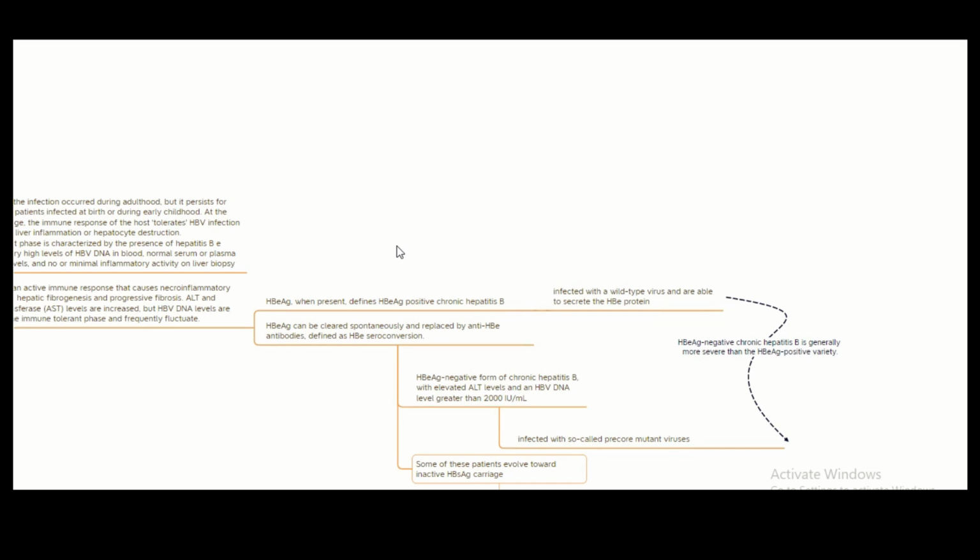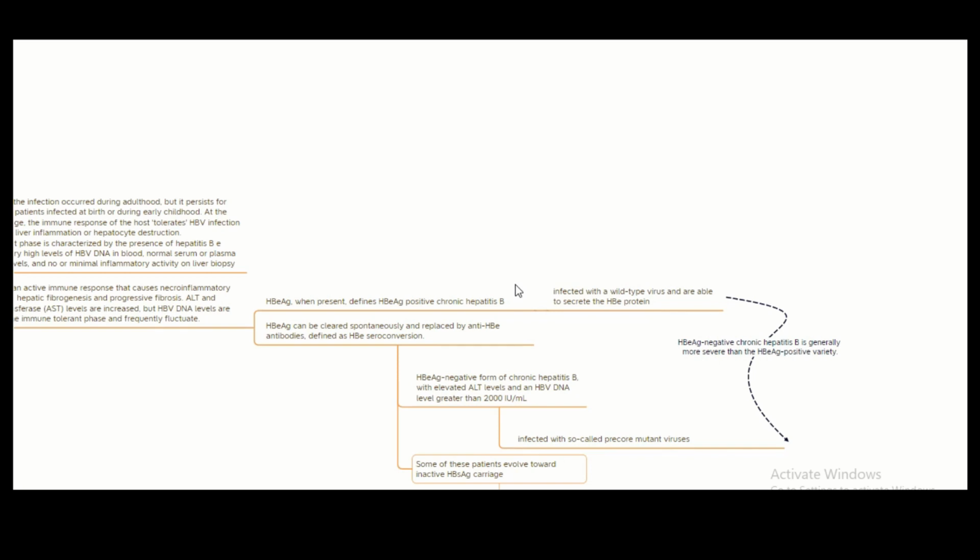So, these patients within the immune elimination phase can get the infection under control and go into inactive HBs carriage. This is because of successful immune elimination. This leads us into HBe seroconversion, HBs seroconversion, and HBc seroconversion.